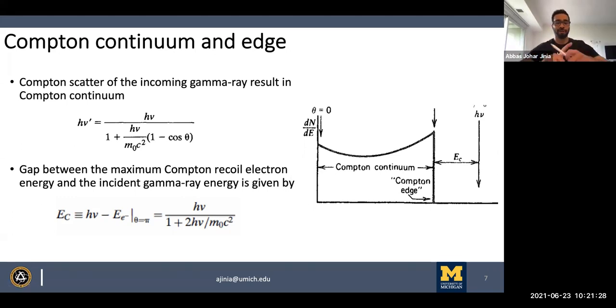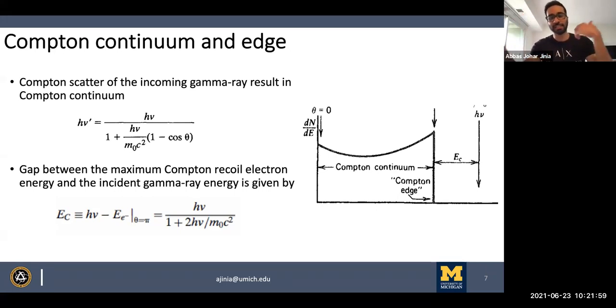Now, if the recoil electron and scattered gamma ray are scattered at an angle of 180 degrees, that gives this feature of Compton edge. So when the scattered photon and the electron are emitted back to back, 180 degrees apart, then the electron is going to carry the maximum energy.